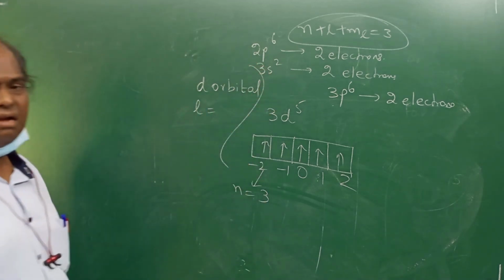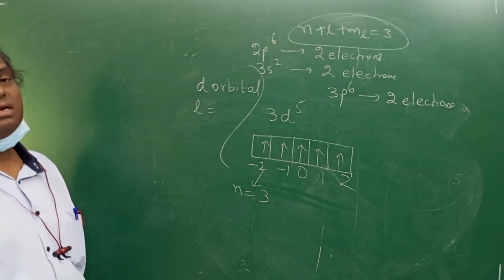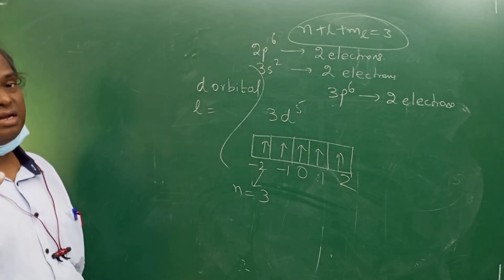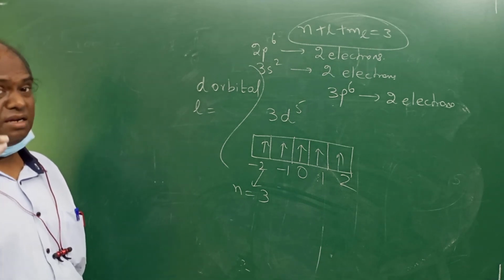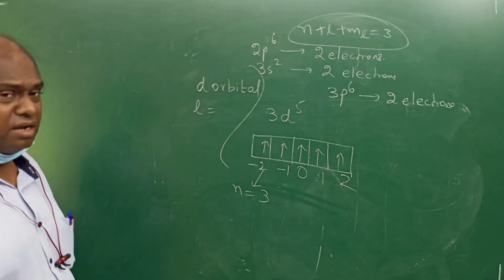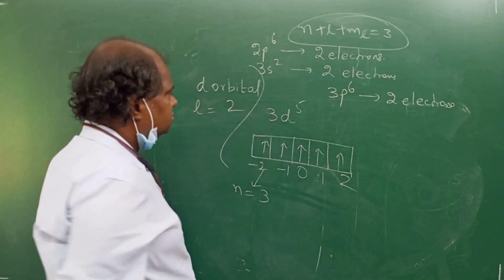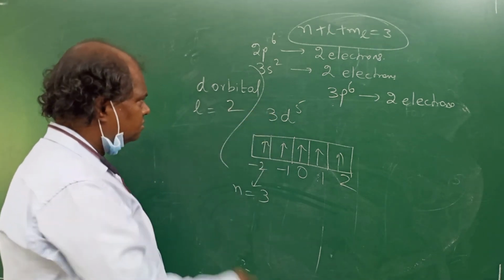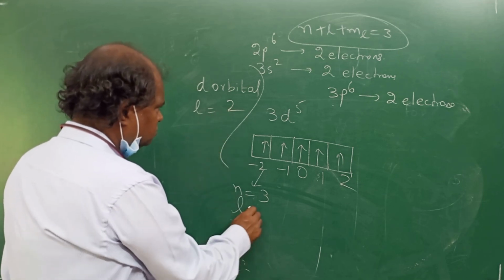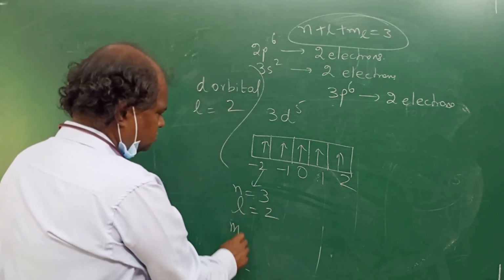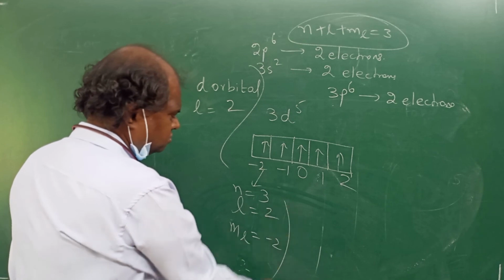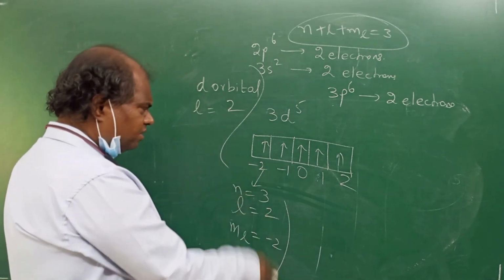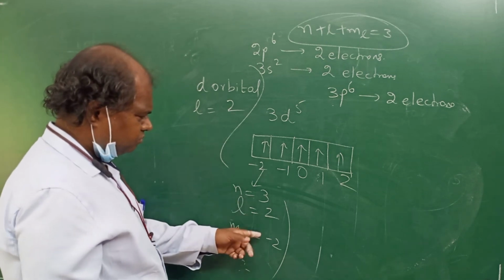S orbital 0, correct? P orbital 1, D orbital 2, F orbital 3, like that. Okay. So L value is 2, ml value is minus 2. So here if you add, I think you will get 3. Just check it out.